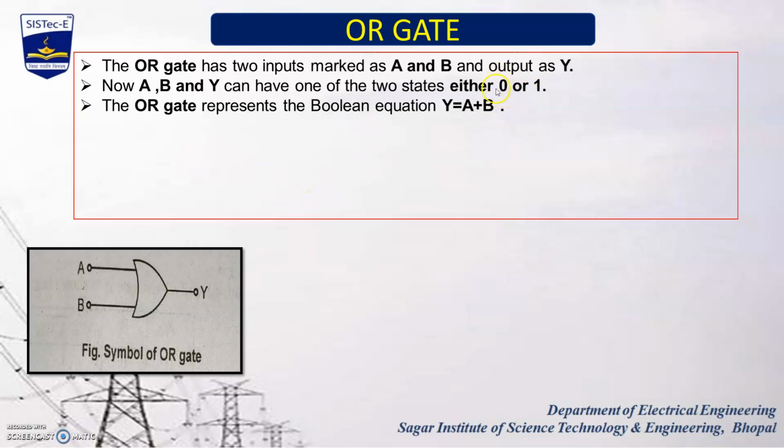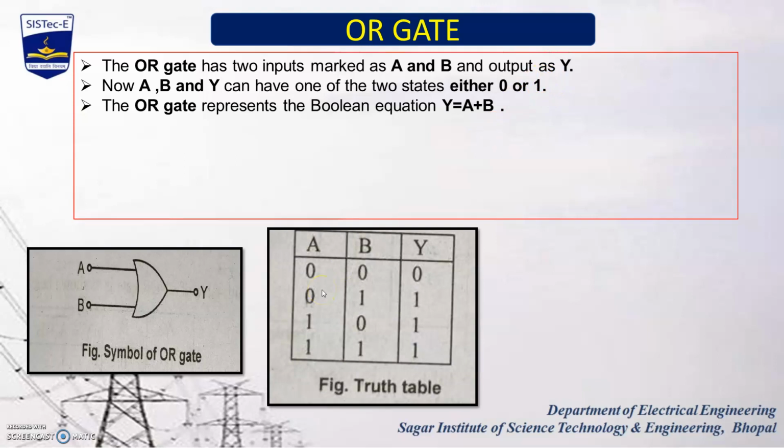For low I have taken 0 and for high I have taken 1. With the help of this truth table, you can easily understand the working operation of the OR gate.